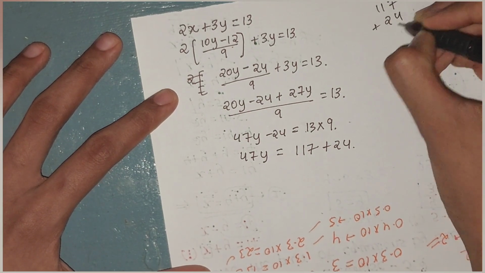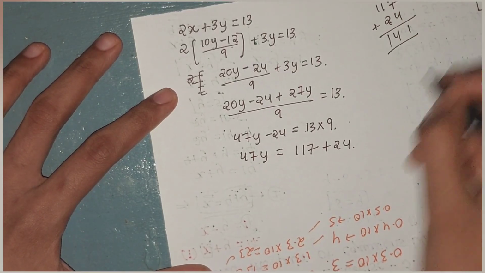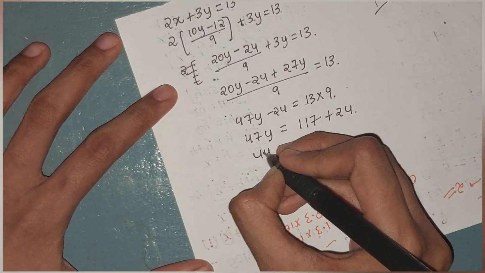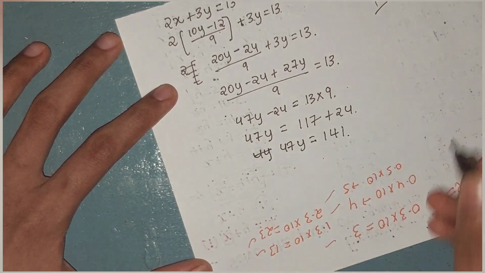Plus 24: 7 plus 4 will give you 11, 2, 3, 4 and 1. So 141. Yes, 47y is equal to 141.